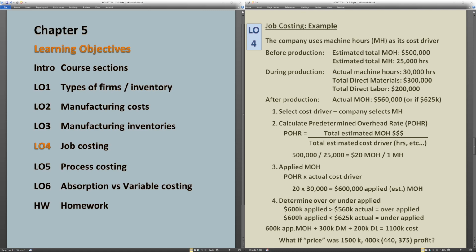Let's say there's another company out there that's better at estimating their costs. They're more accurate. And so for the exact same product or products, let's say we thought our costs were 1.1 million. We charged 1.5 million as a cost. But the other company that was better at estimating costs, maybe they said, we're going to charge 1.46 million.